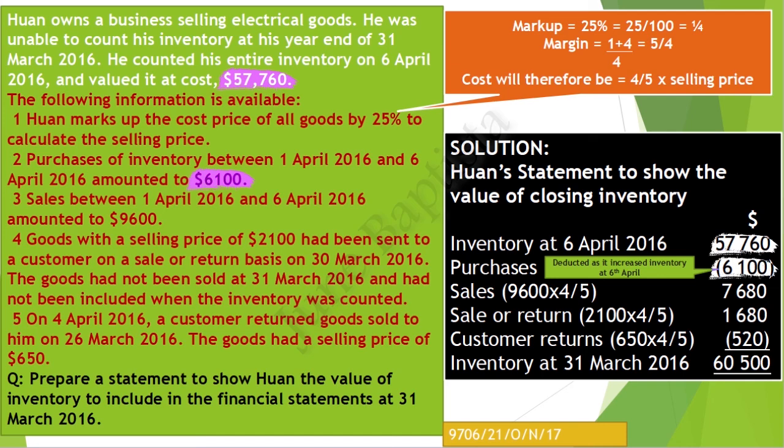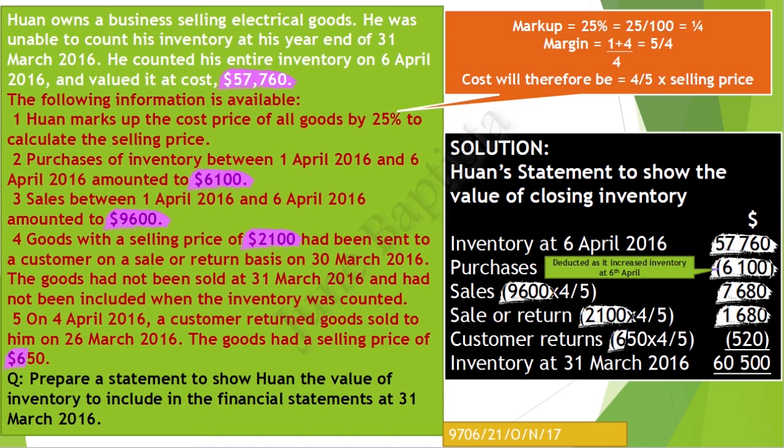Sales at selling price was $9,600 times 4/5 will give us a cost price of $7,680. Sale or return at selling price $2,100 times 4/5 will give us a cost price of $1,680.